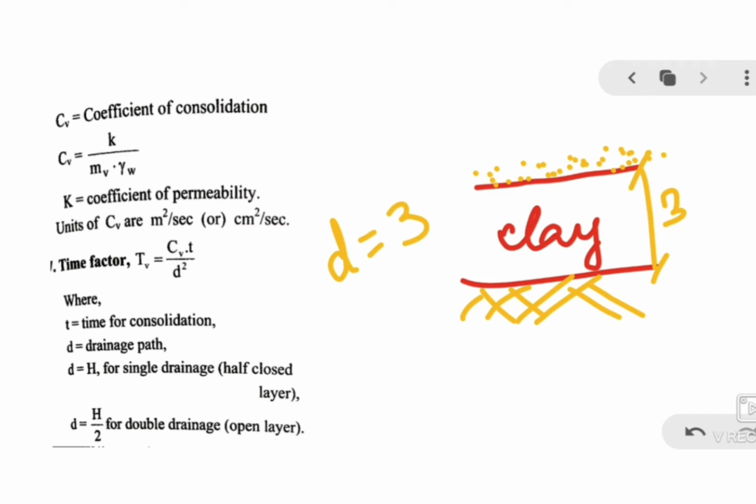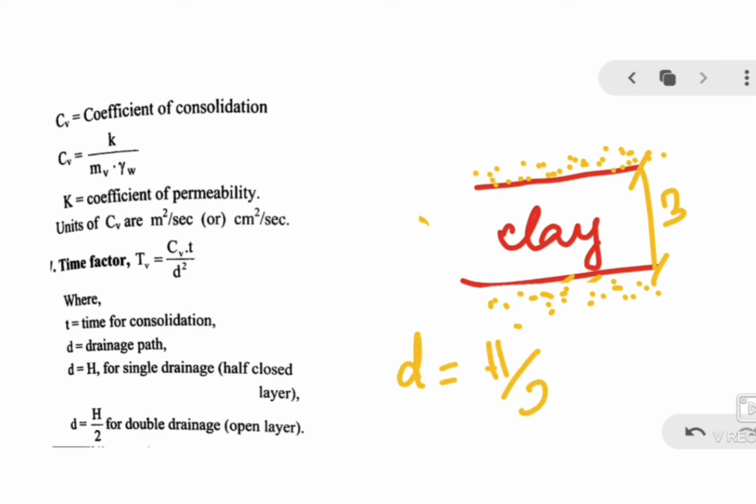In another case, if the drainage path is present on both sides, a sand layer present at the bottom and also at the top, then in this case you will take d as H by 2, that is 3 by 2. Like this you will take d and substitute in the formula.